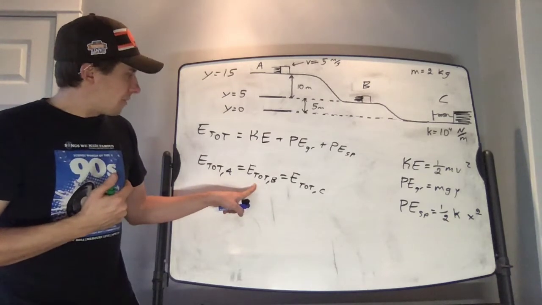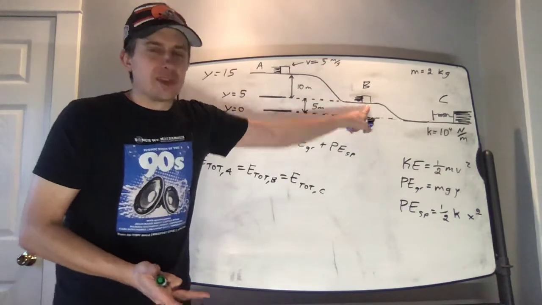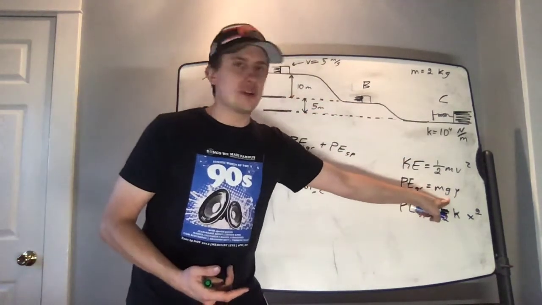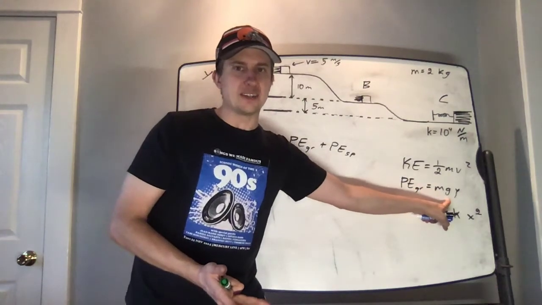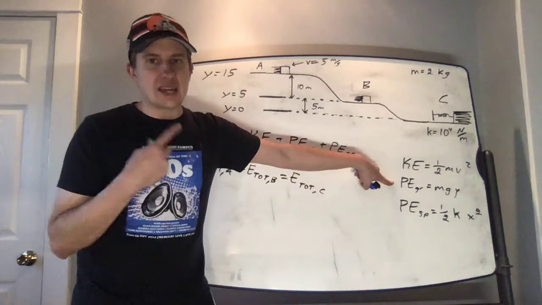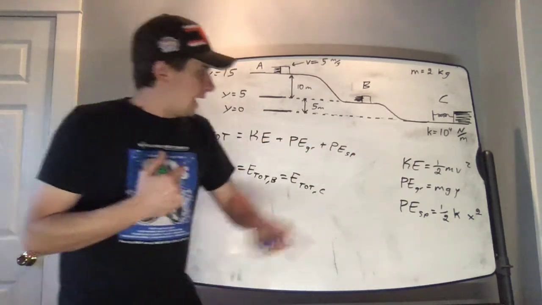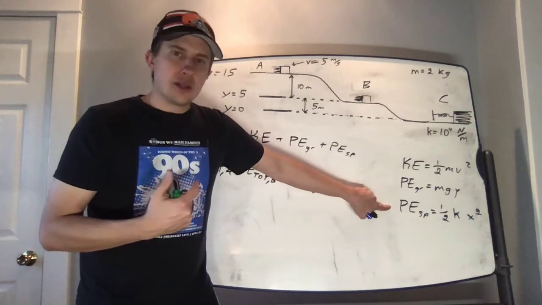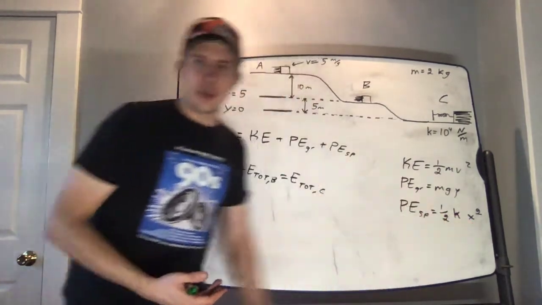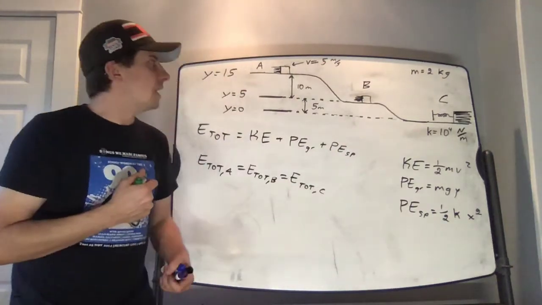E total at moment B. Well, at moment B, the box is up here. When the box is up here, we know the height of the box, we know the acceleration due to gravity is 9.8, we know the mass of the box. So at moment B, we can get a numerical value for the potential energy due to gravity. At moment B, the spring is not going to be compressed at all, so x will be 0. Okay, we know the potential energy due to the spring, it's going to be 0.